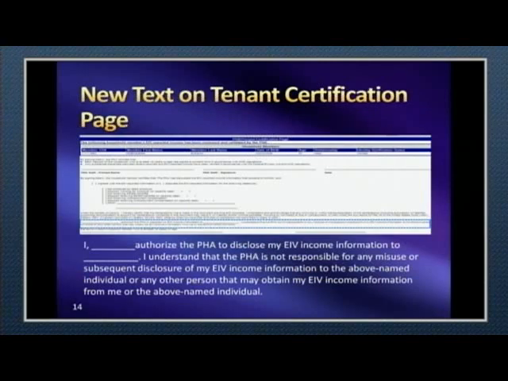Notice that the statement here says, I, which is the tenant, understand that the PHA is not responsible for any misuse or subsequent disclosure of my EIV income information to the above named individual or any other person that may obtain my EIV income information from me or the above named individual.